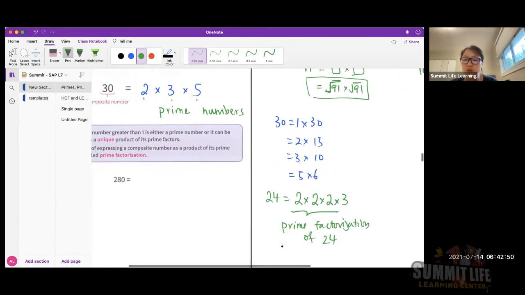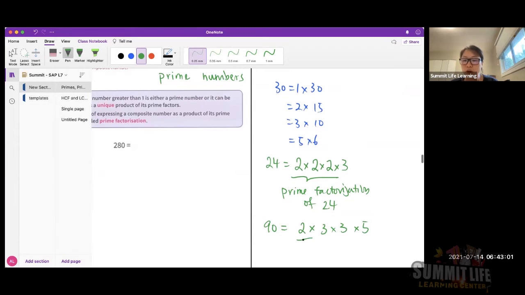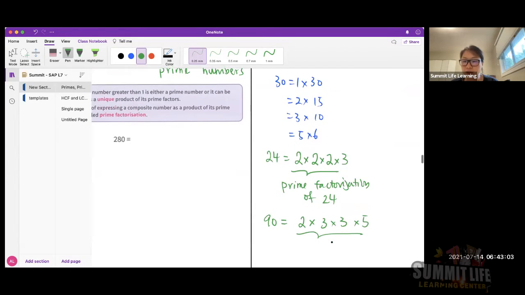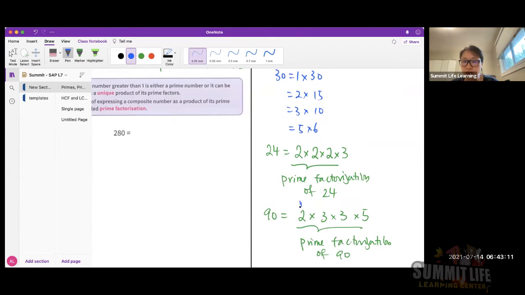For 90, we can decompose it as 2 times 3 times 3 times 5. They are all prime numbers. They are the prime factorization of 90.